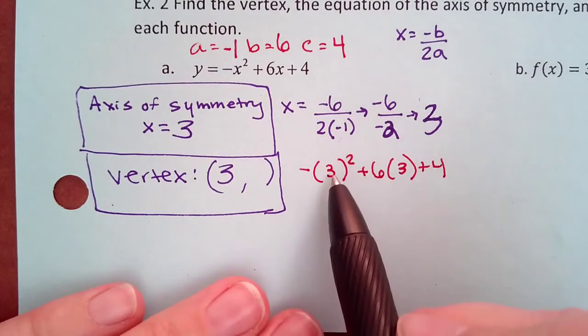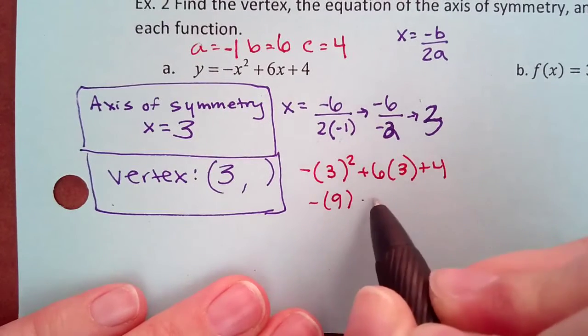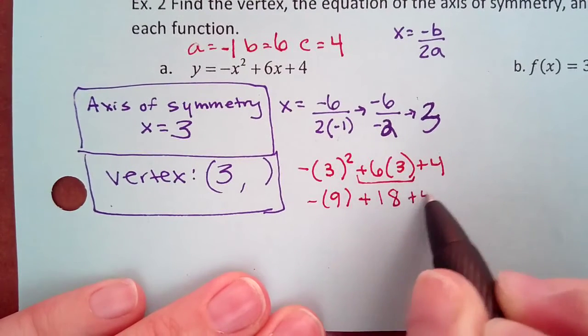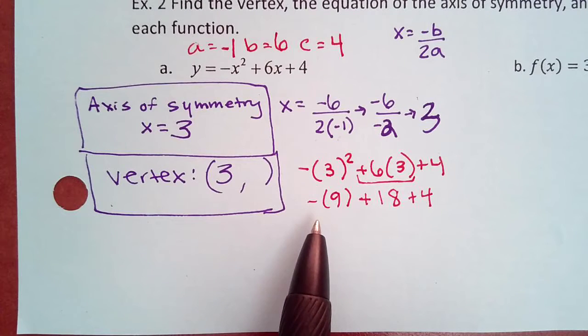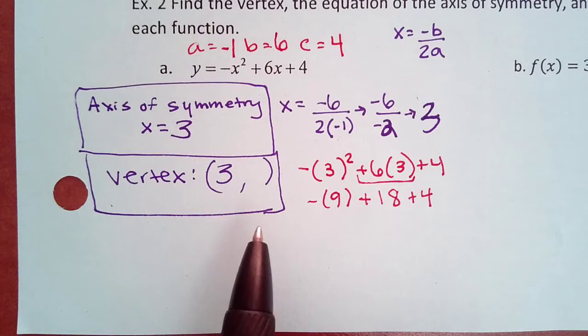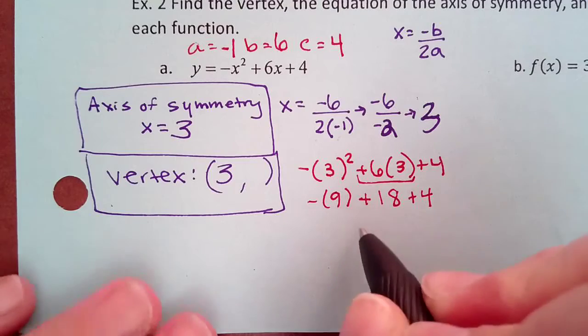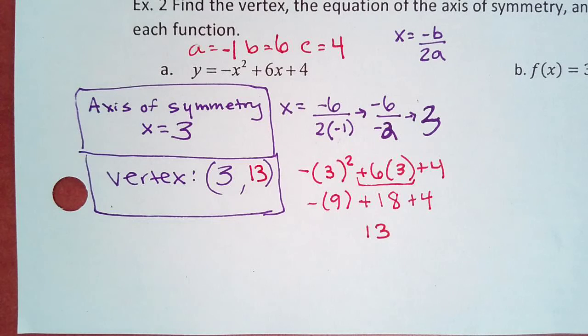So what is 3 squared? 9, so we have negative and then the 9. 6 times 3 is 18, plus 4. This negative was outside, so it didn't go with the 3, so it still is negative 9 plus 18 plus 4. 13. So our vertex is 3, 13. And you could have plugged that whole thing into your calculator, making sure you use parentheses everywhere you see mine.